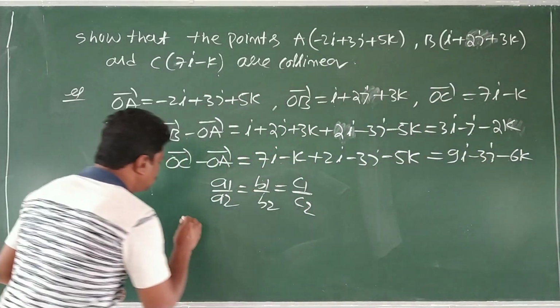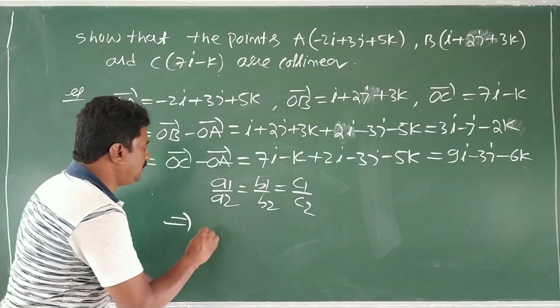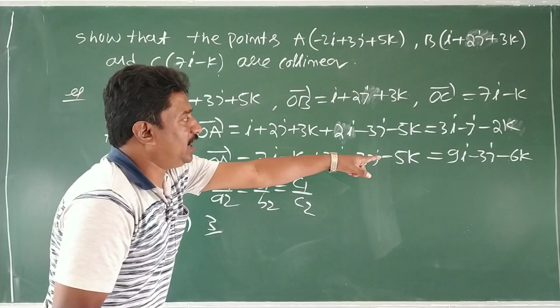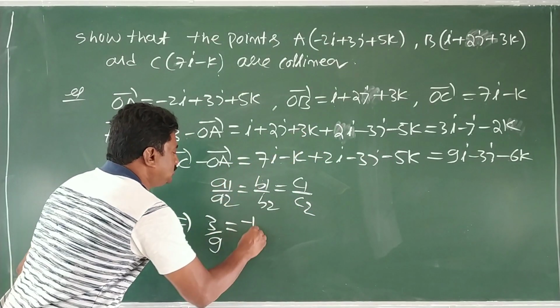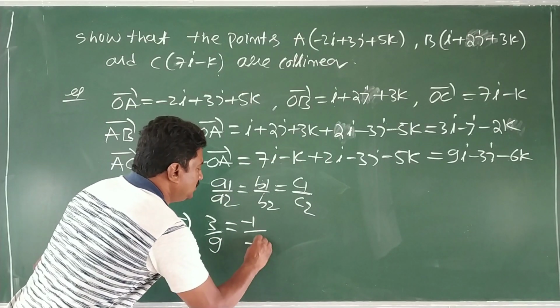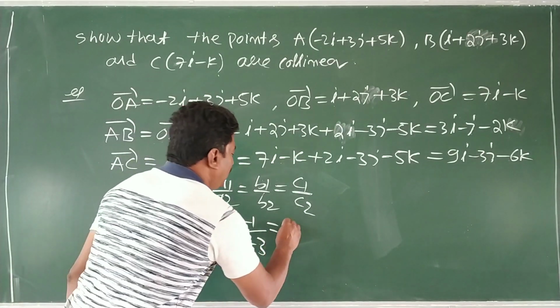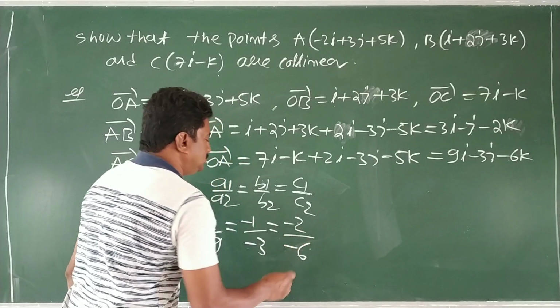You check this condition. a1 is 3 by the coefficient of i, 9. Equal to b1, minus 1 by minus 3. c1, minus 2 by minus 6.